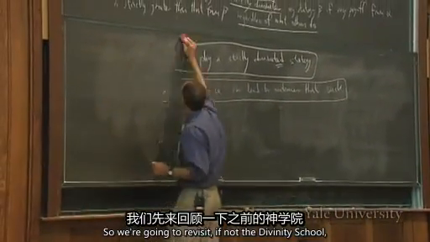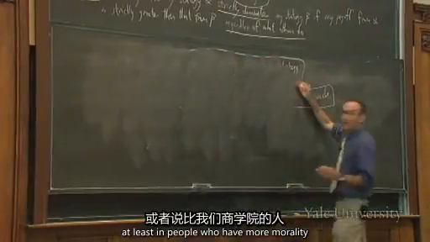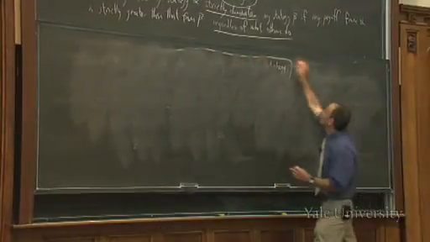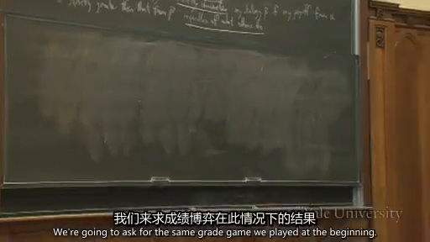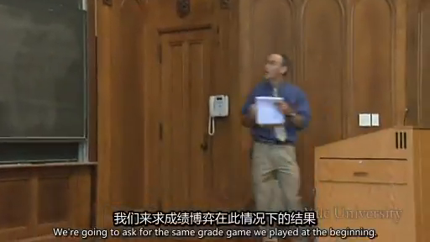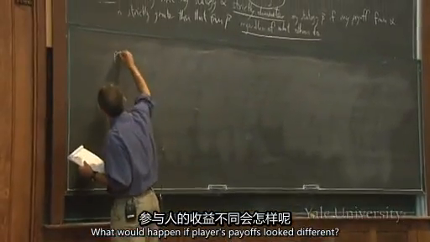So we're going to revisit, if not the Divinity School, at least some people who have more morality than my friends up in the business school. And we're going to ask, for the same grade game we played at the beginning, what would happen if players' payoffs look different?